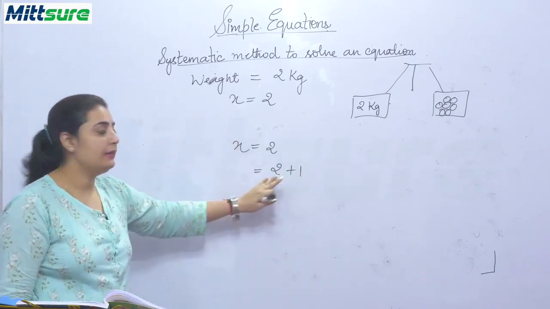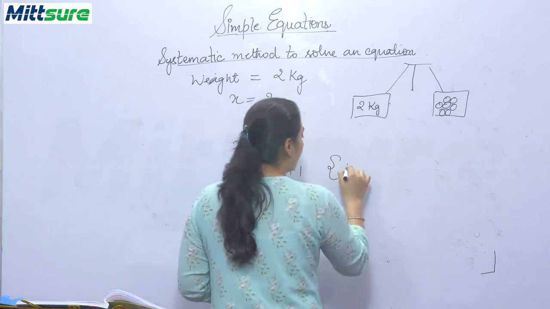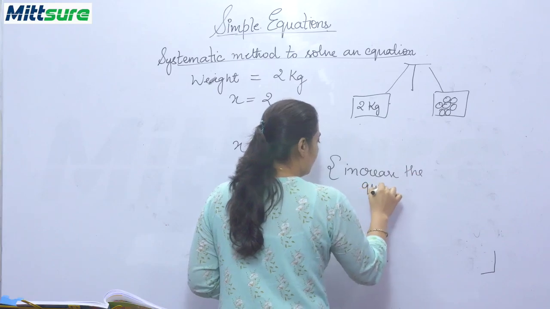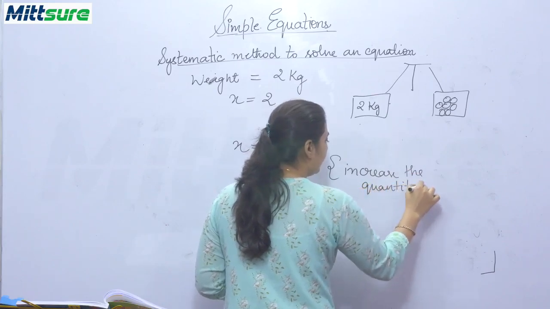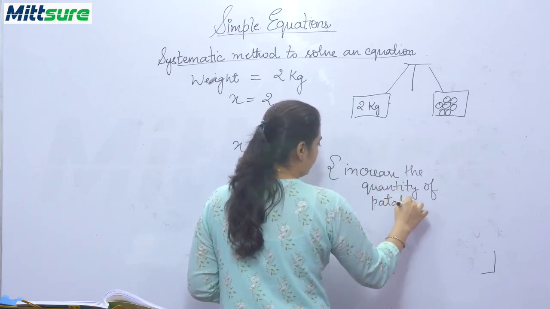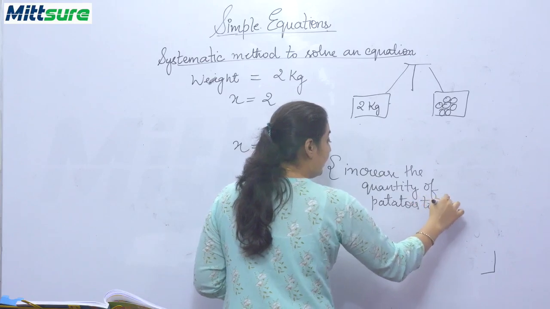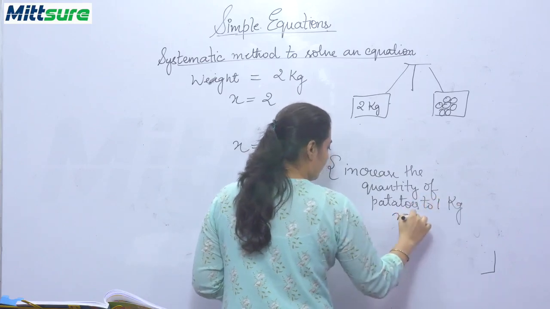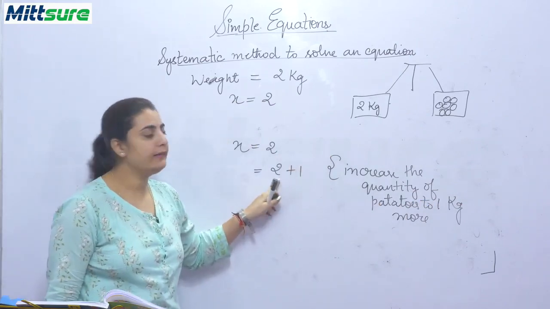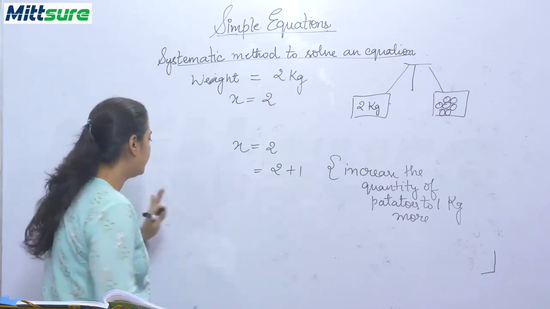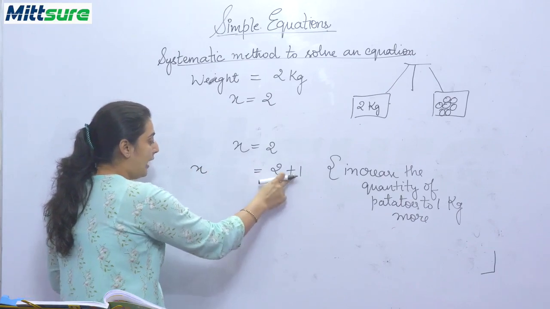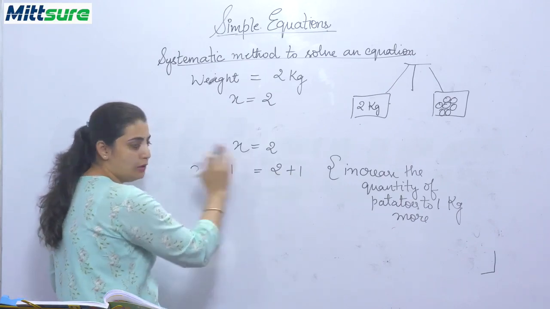Towards the right hand side, if I want to increase the quantity of potatoes by 1 kg, one kg more, right? This is the situation. So for that, already 2 kg is there, I will add plus 1. Now here, this is the x. Now to balance the equation, I will add plus 1 this side also, right?